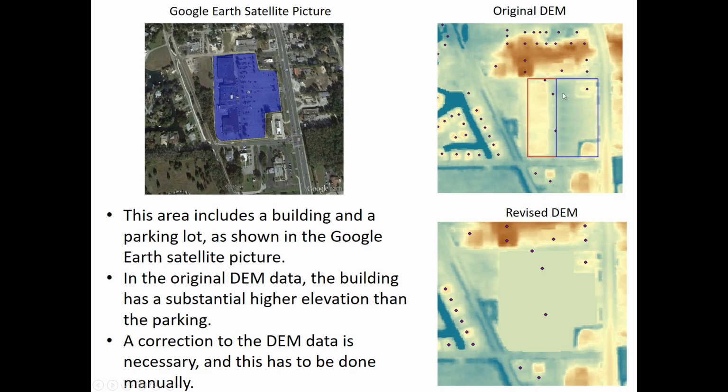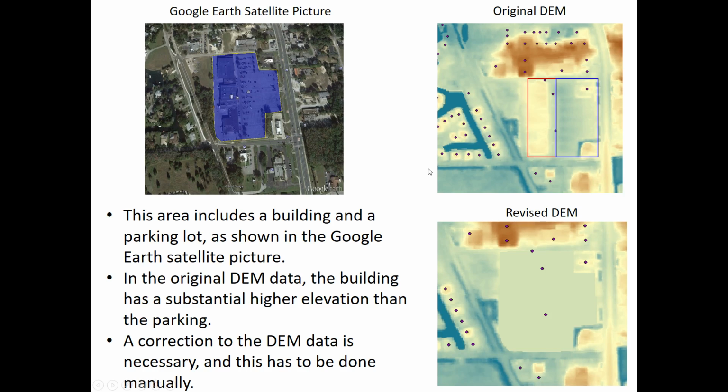We have a building and a parking lot, and the building is higher than the parking lot. So you're going to have a barrier with high elevation, and that barrier is going to change your estimated flow path. So you need to do a correction.